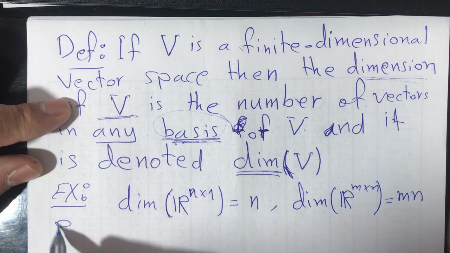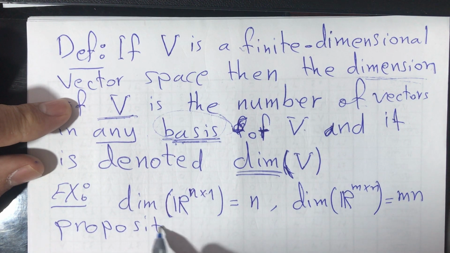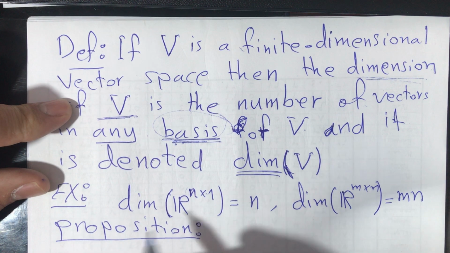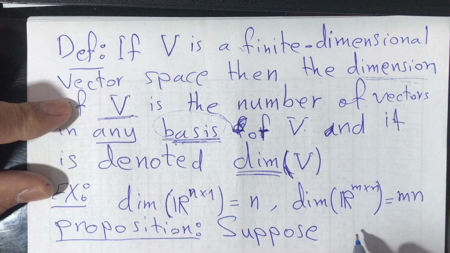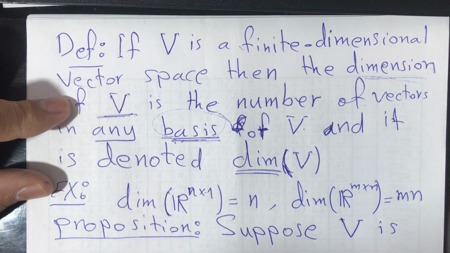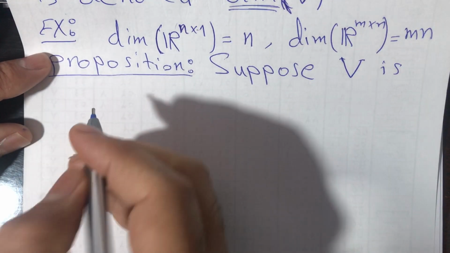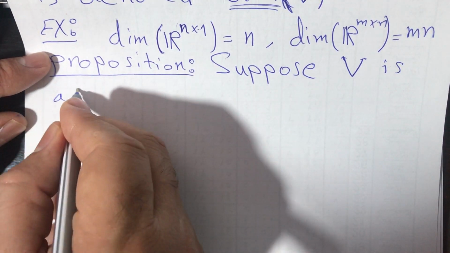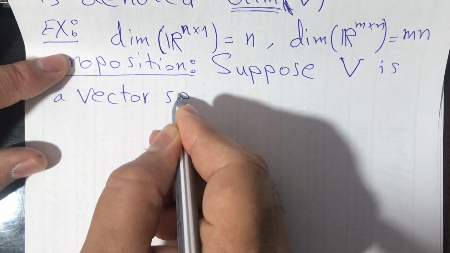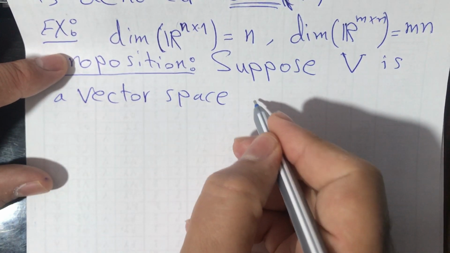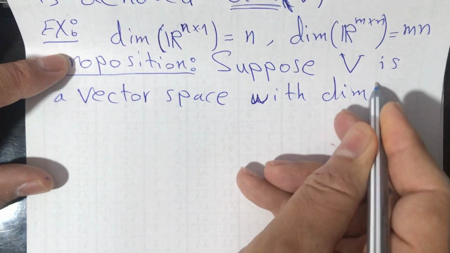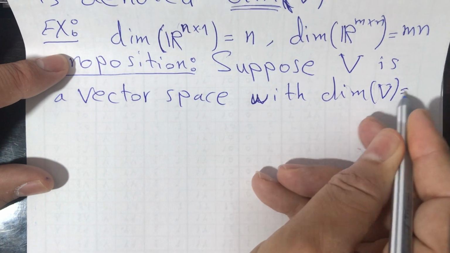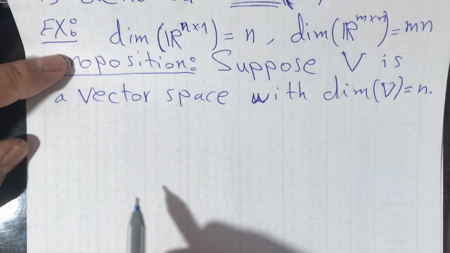And this is a proposition. Now we take this as a proposition. Suppose V is a vector space with dimension V equal to n.